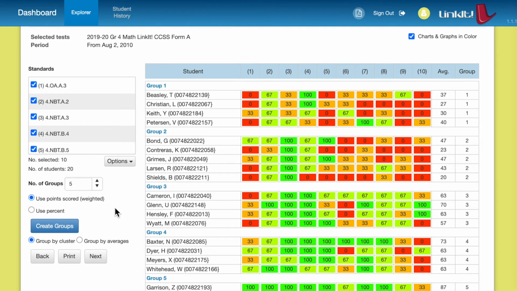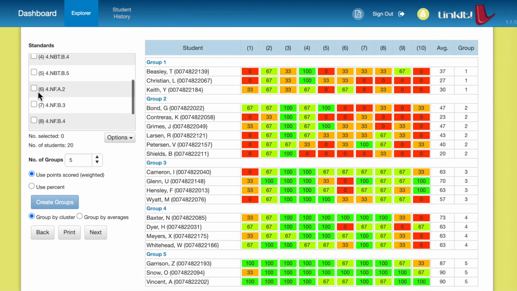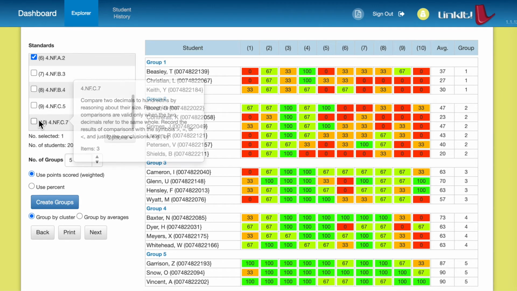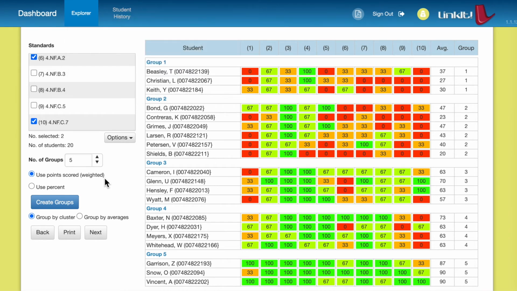And another way I can use the grouping tool is to prepare for an upcoming unit. Let's say I needed prior knowledge on 6 and 10. 10 being compared decimals and 6 being compared to fractions. So now I organize, and let's say 5 is too many.